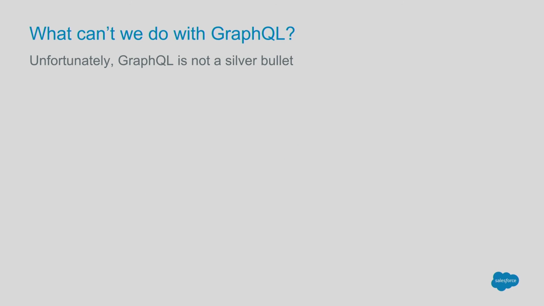The problem is GraphQL is not made for everything. You have to be careful. It's not a silver bullet. You're not going to use that to do RPC calls, for example. You are not, for example, going to use GraphQL to do complex SQL-like queries, like having like queries or comparison queries.